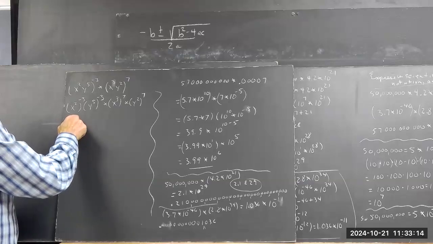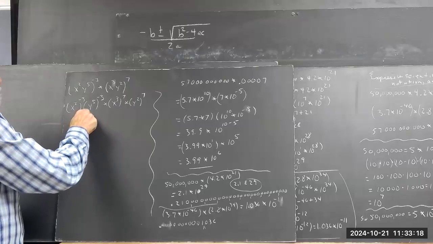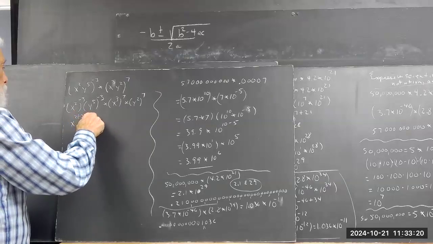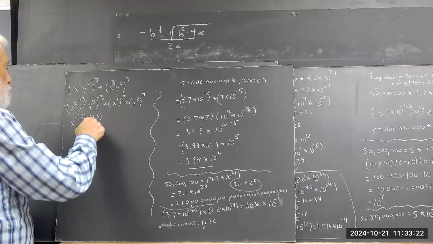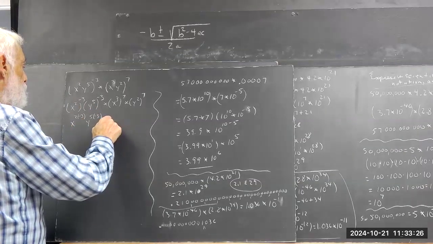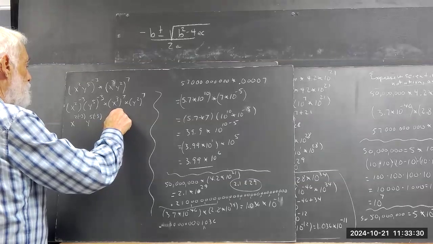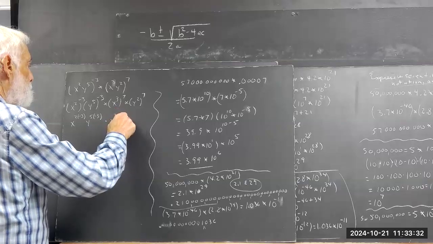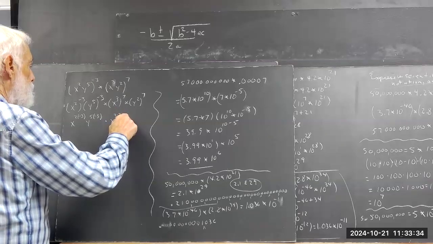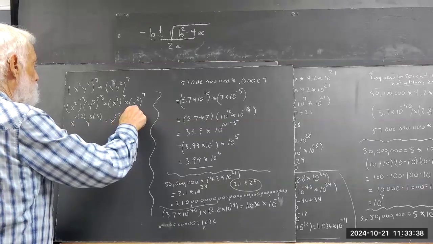So that's going to give us x to the 2 multiplied by negative 3, y to the 5 multiplied by negative 3, times x to the 3 times 7, y to the 2 times 7.